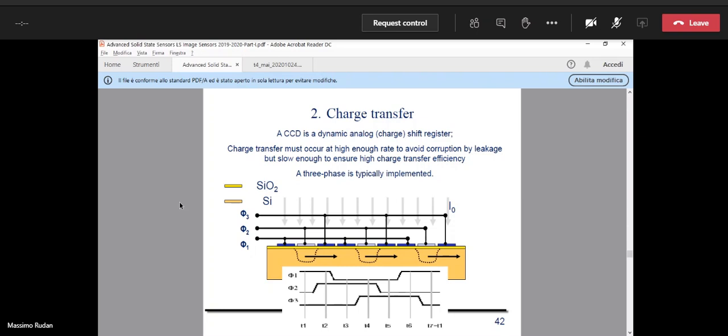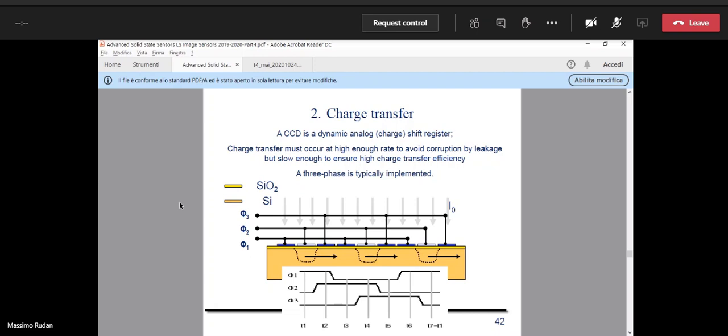Because we don't want the charge packets to be polluted by the incoming radiation. But we cannot operate the clocks too quickly, because otherwise it may happen that some charge of the charge packets is left behind, okay? So there is, of course, a compromise between these two needs.